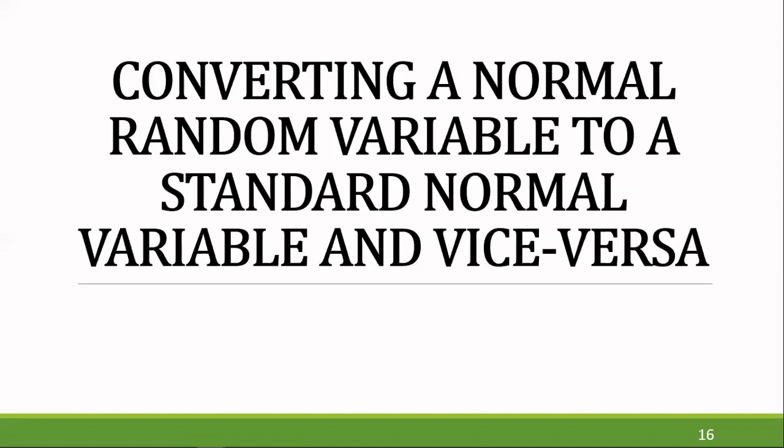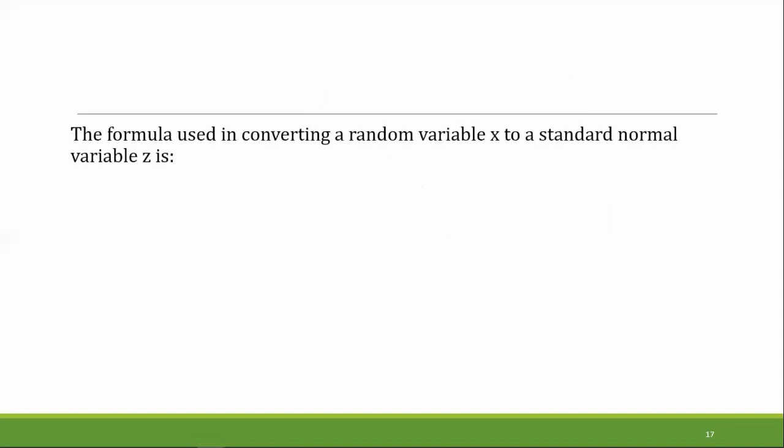Ayan. So we're gonna proceed in our second lesson for module number 4. Ayan, which is about converting a normal random variable to a standard normal variable and vice versa. So let's have the formula first in converting a random variable x to a standard normal variable z. So we're gonna use the z formula, no?